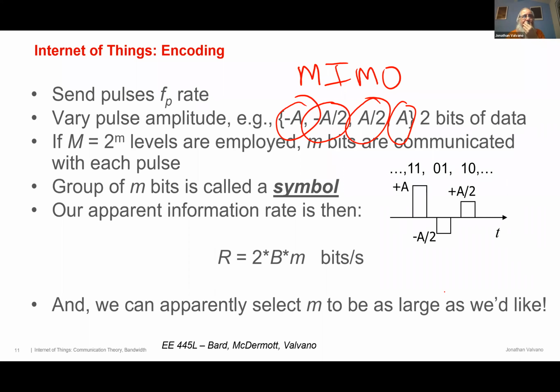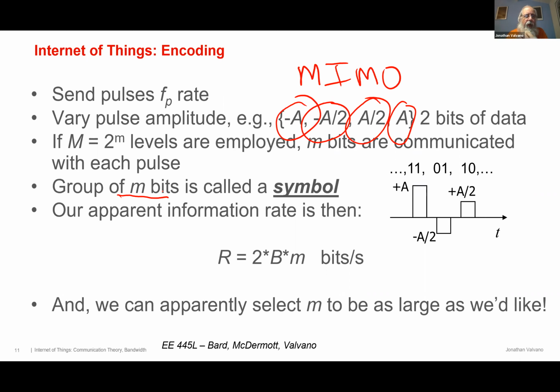Okay, so little m is the number of bits in each pulse, right? The pulse rate is the baud rate, the rate at which it sends pulses, which is limited by the bandwidth.